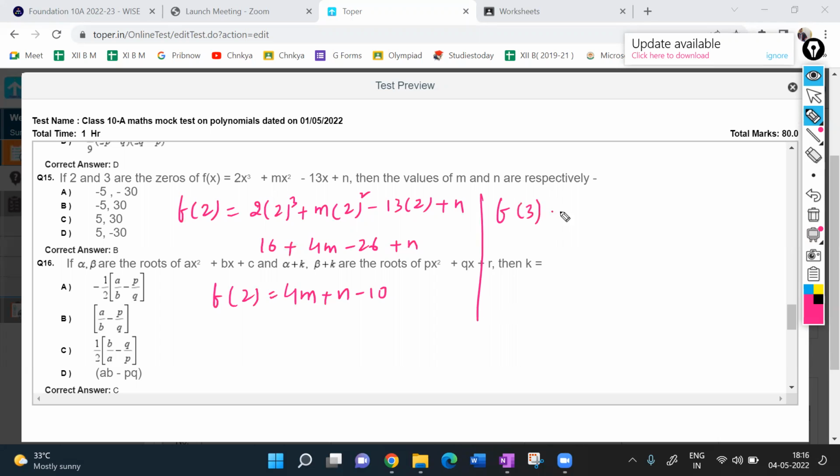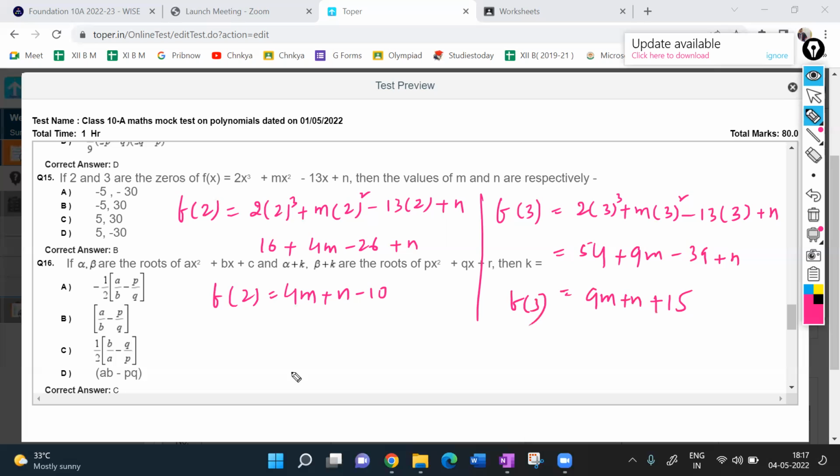What is f of 3 now? 27 twos are 54, 9m minus 39 plus n. Correct? So 9m plus n, how much here? 15 plus 15. Correct? So equating both the things, solving.